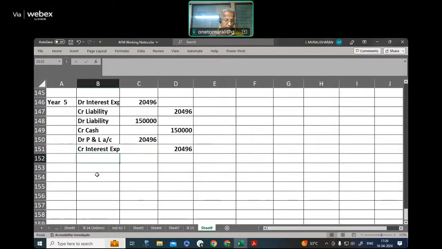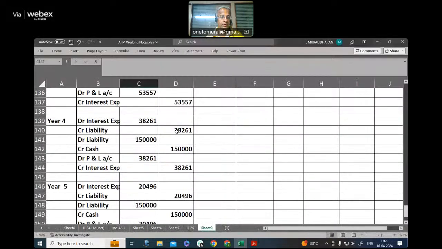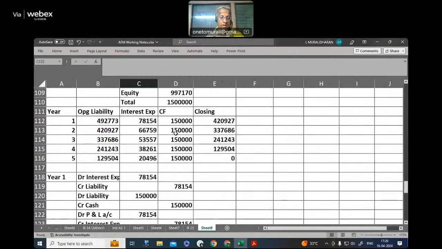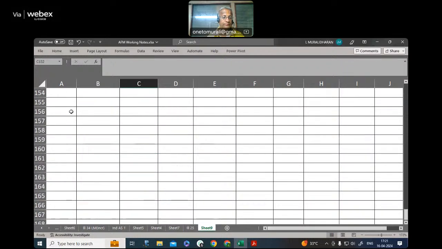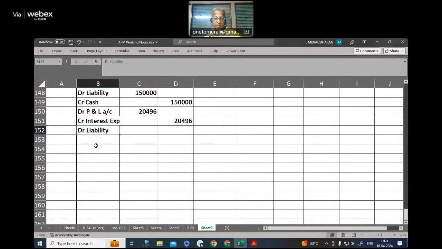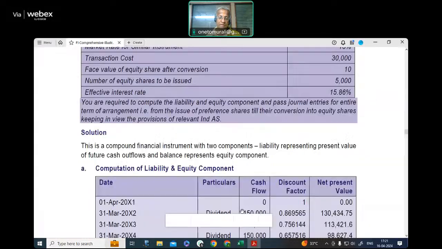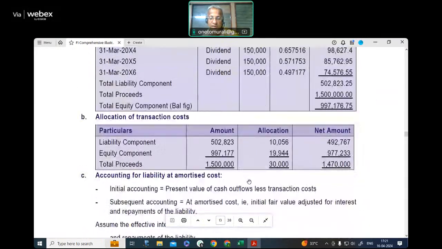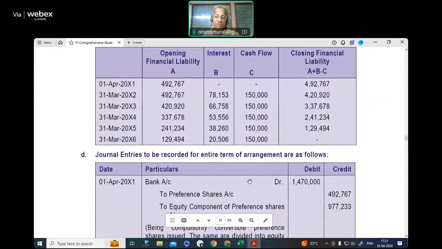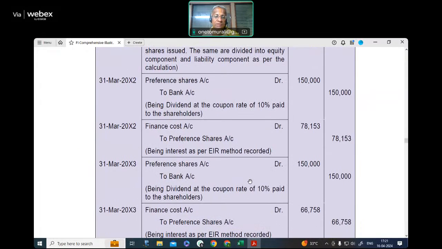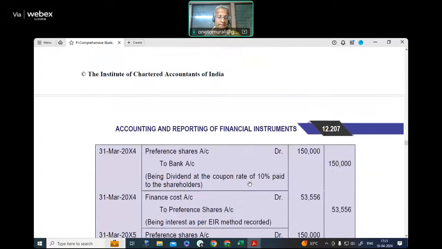Then one more journal entry, debit liability, I'm sorry. Yeah, that we have passed. So these are the scheme of journal entries that we are expected to pass. When it is a template, you can work it out faster. So mark this problem as very, very, very, very important. Correct?